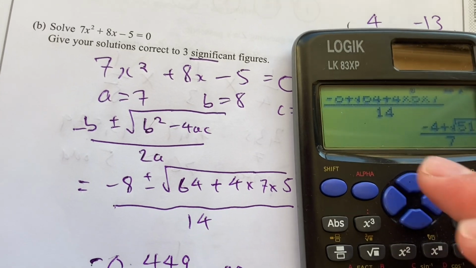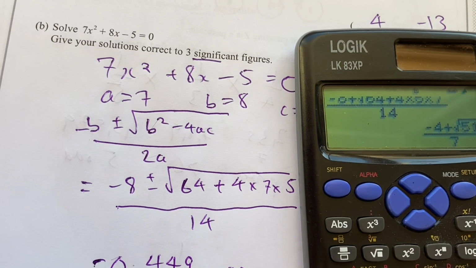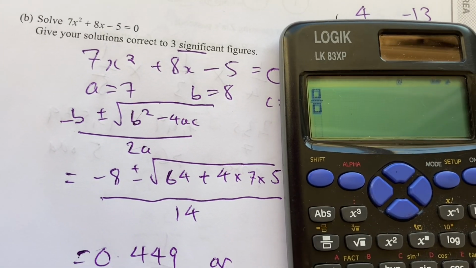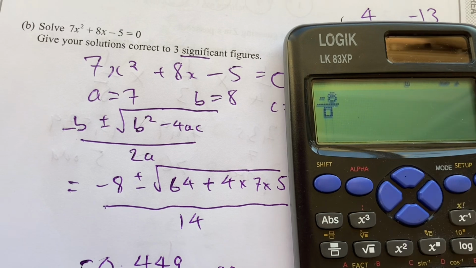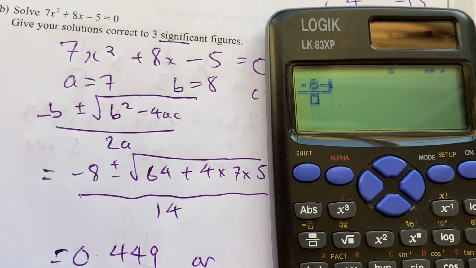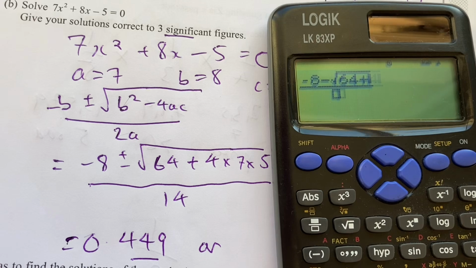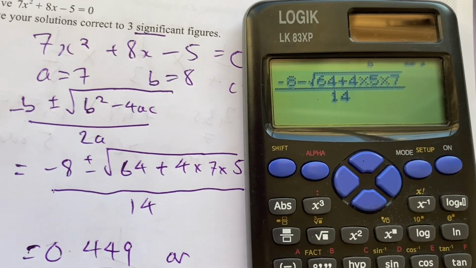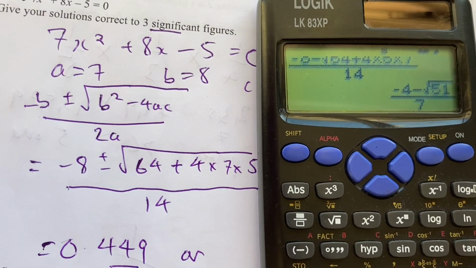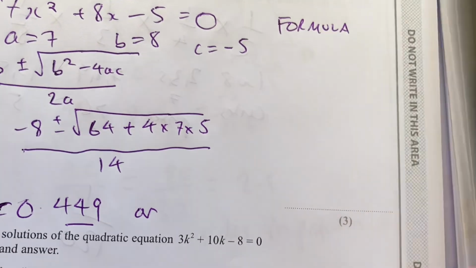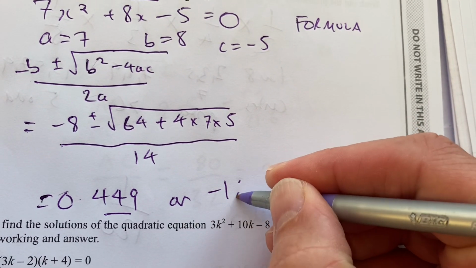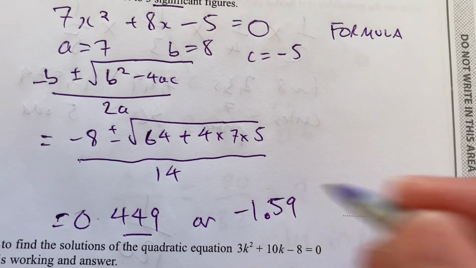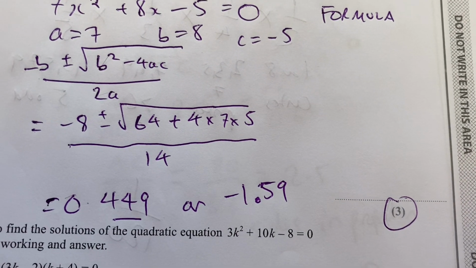Minus 8 minus square root of 64 plus 4 times 5 times 7 all over 14. I'll retype it, but there we go. And get that to three significant figures, minus 1.59. Three significant figures, not three decimal places. So that's a nice 3-mark question there.